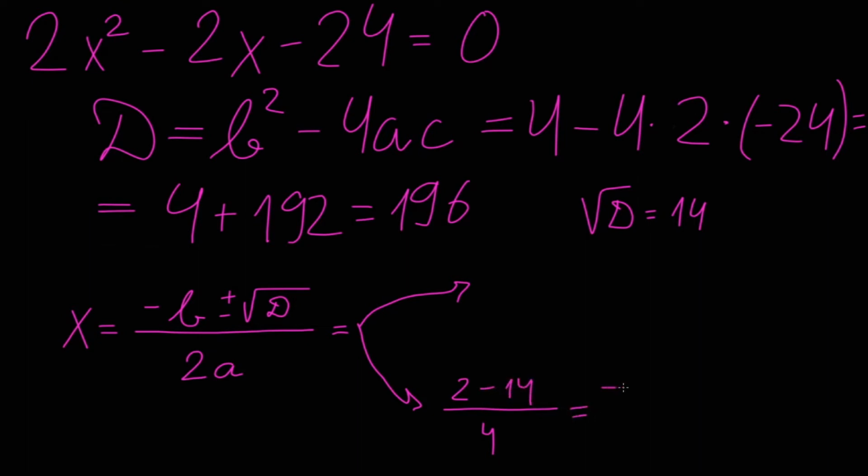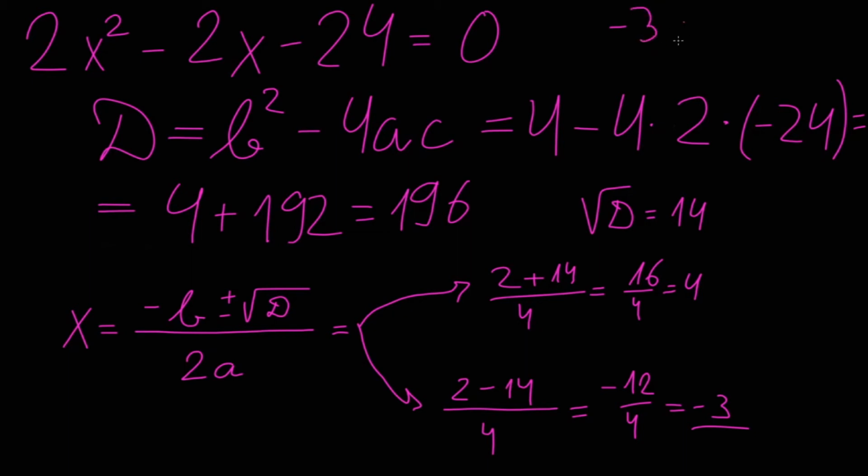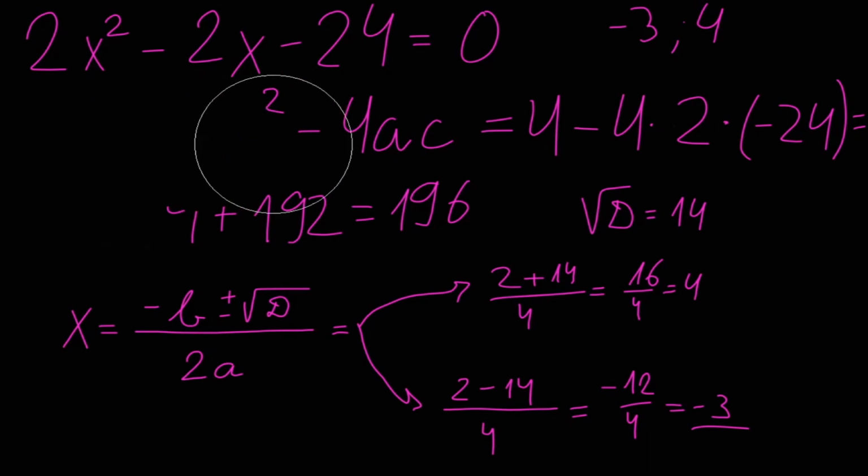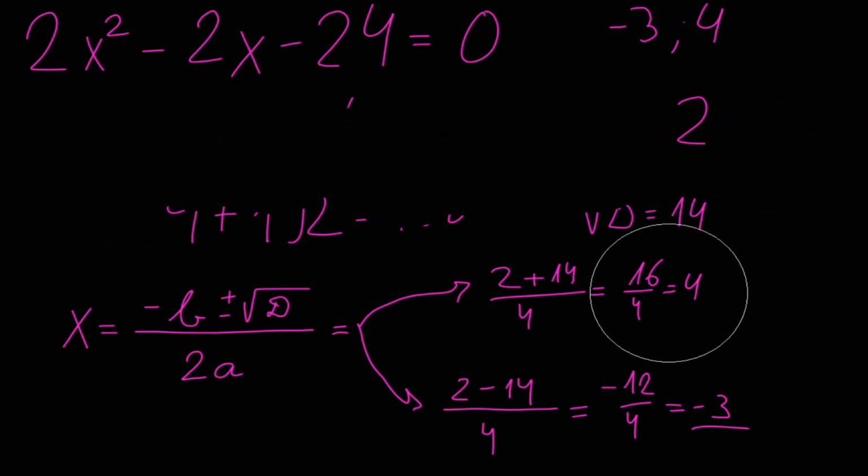This will be minus 12 divided by 4 is minus 3. Now we have one of the roots, and the second root will be 2 plus 14 divided by 4, which is 16 divided by 4 equals 4. So our two roots are minus 3 and 4.